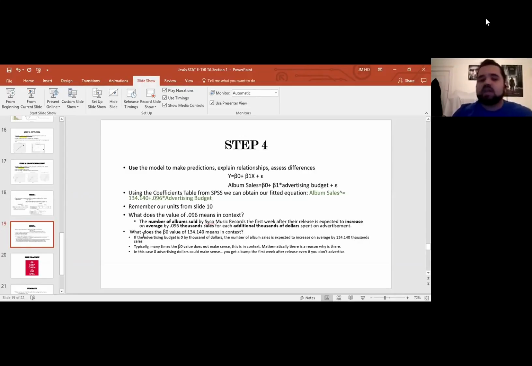As Stephanie said in class, typically the beta 0 doesn't make any sense. Mathematically, there's a formula behind why it has to be there, but for the most part, it doesn't make sense. She typically doesn't focus on it too much, but if you're ever asked what the intercept of 134, beta 0, means, you should know that it just means that the independent variable is 0.